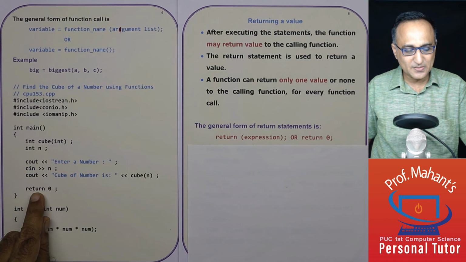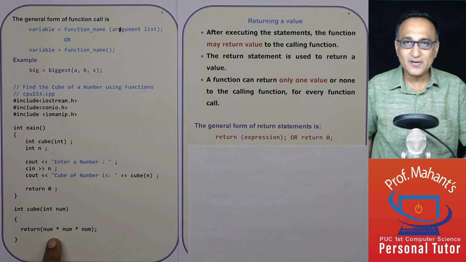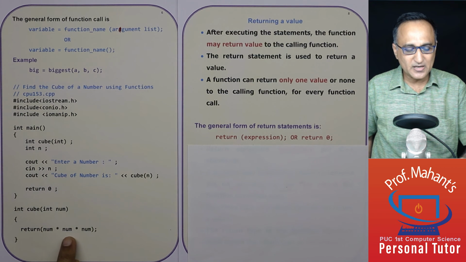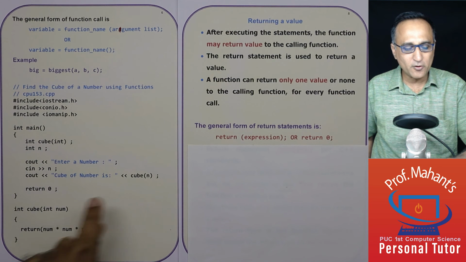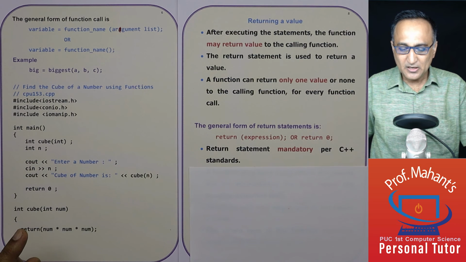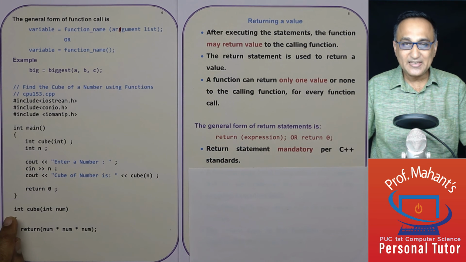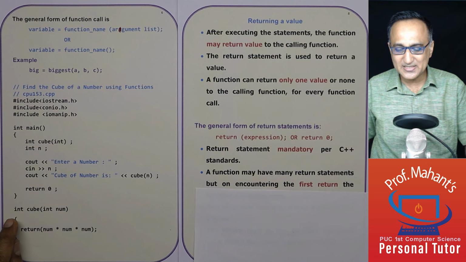You can either have something like return 0, or this is an example of an expression. So I am returning a complete expression. This is going to be calculated and a single value of type integer is going to be sent back here. Now, if this return keyword is there, the return type is mandatory as per C++ standards.